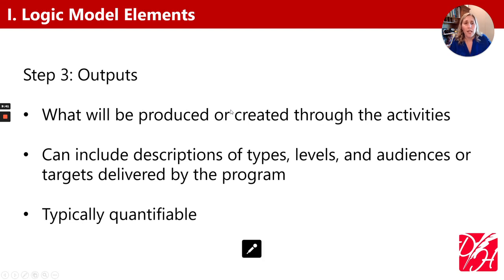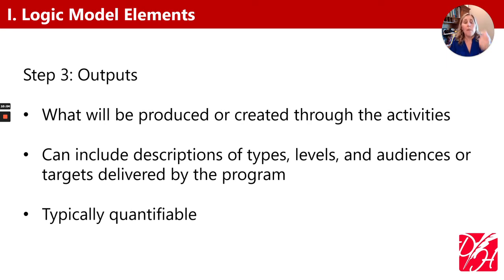As we move along in our logic model, thinking about that progression, again, maybe with a conveyor belt and our analogy there, as we move from resources and inputs through our activities, we get to the direct product, the output of the activities. This is what's produced or created because of the work that we're doing.